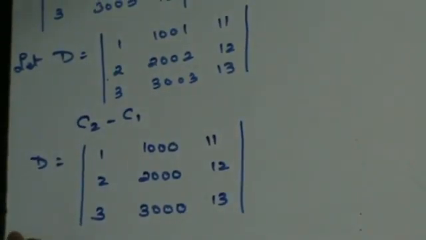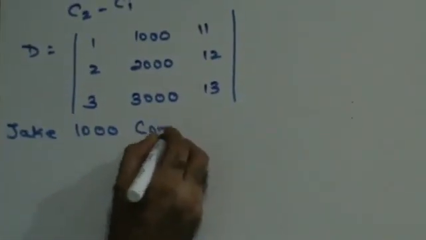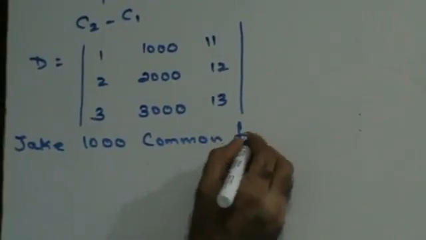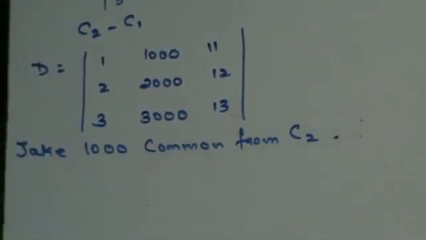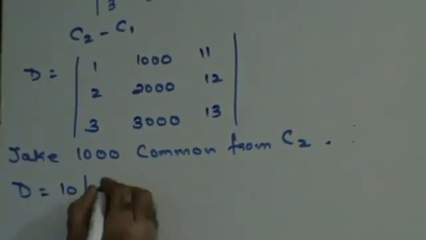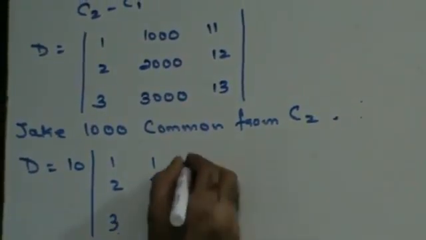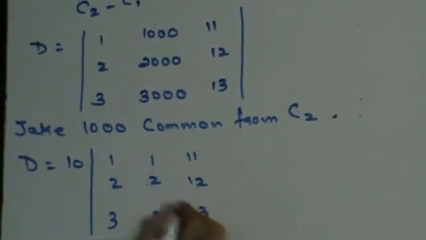Take 1000 common from C2. If I take 1000 common from C2, I will get D is equal to 1000 times the determinant 1, 2, 3, 1, 2, 3, 11, 12, 13.